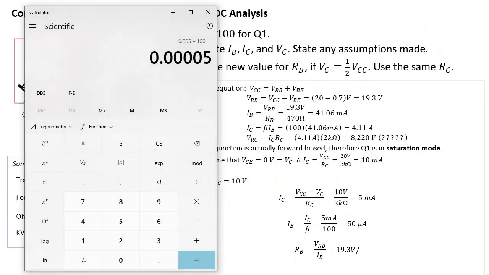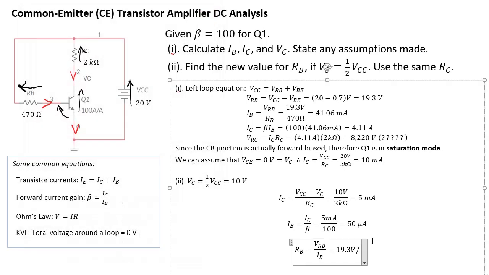Okay, wait, let me just check again. 5e negative 3 divided by 100 is equal to, yeah, 50 microamps, that's correct.